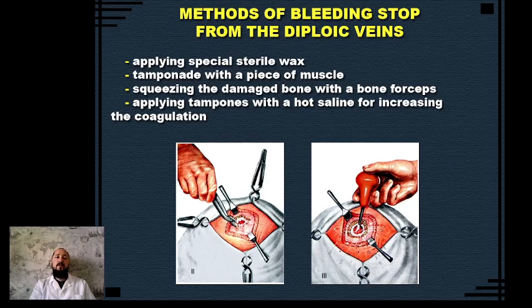We can squeeze the damaged bone with bone forceps. We can tamponade with a piece of muscle. We can apply tampons with hot saline for increasing coagulation. Different methods. In the majority of cases, we use tampons to increase coagulation because the bleeding is not profuse. In this case, it's always venous bleeding. It's not as profuse as arterial bleeding.